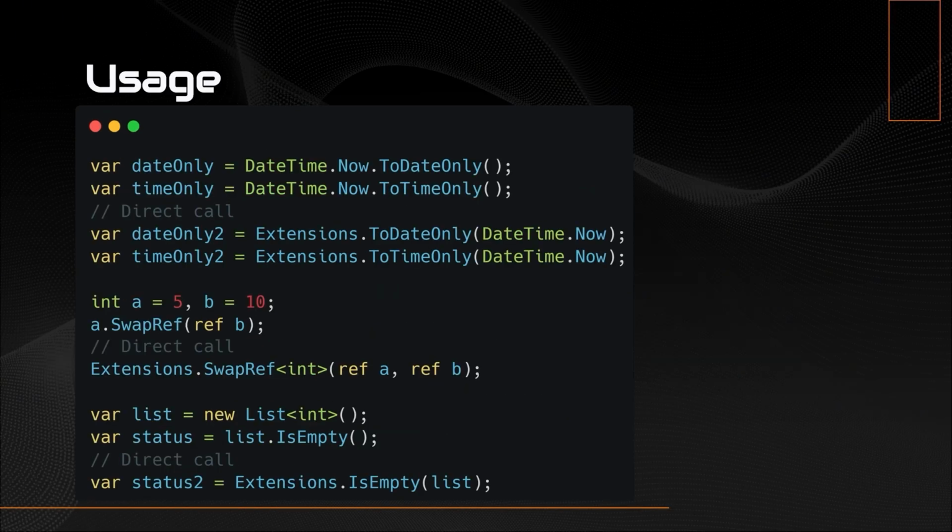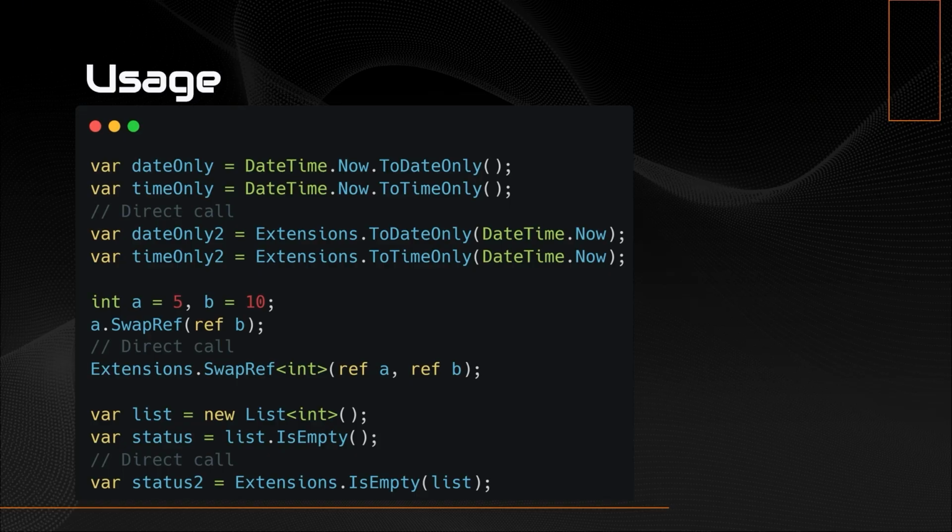You can easily call the extension method on your instance type. Here with DateTime.Now, you can call ToDateOnly or ToTimeOnly, and then there is another way to call it directly: the extensions static class name, .ToDateOnly, and your parameters.